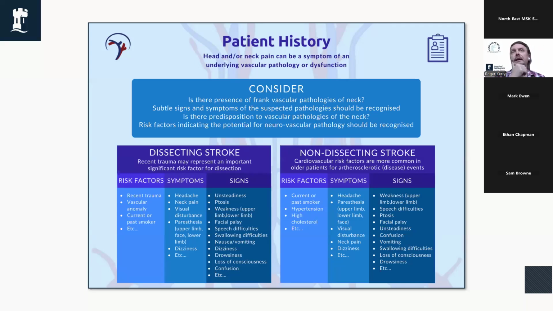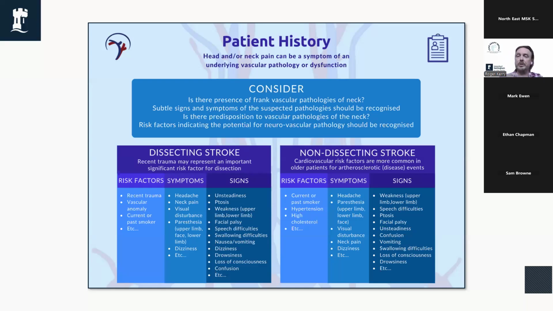The other key thing is that a background of cardiovascular risk factors is much more important to establish in the non-dissecting events, whereas other than whether you're a current or past smoker or have high blood pressure, they're not such significant risk factors with the younger person, although we do ask about those, of course. If there are a lot there, it makes a difference.